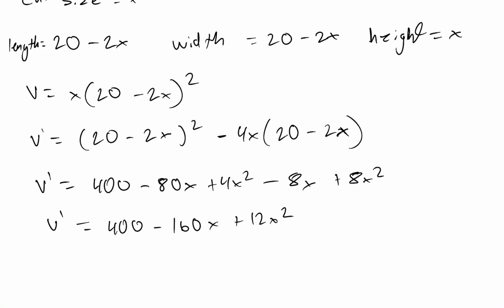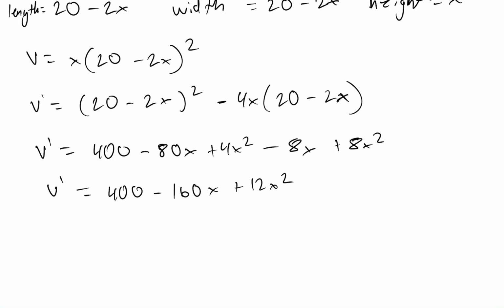So when we set V prime to 0, we're going to get 12x squared minus 160x plus 400 is going to be equal to 0.